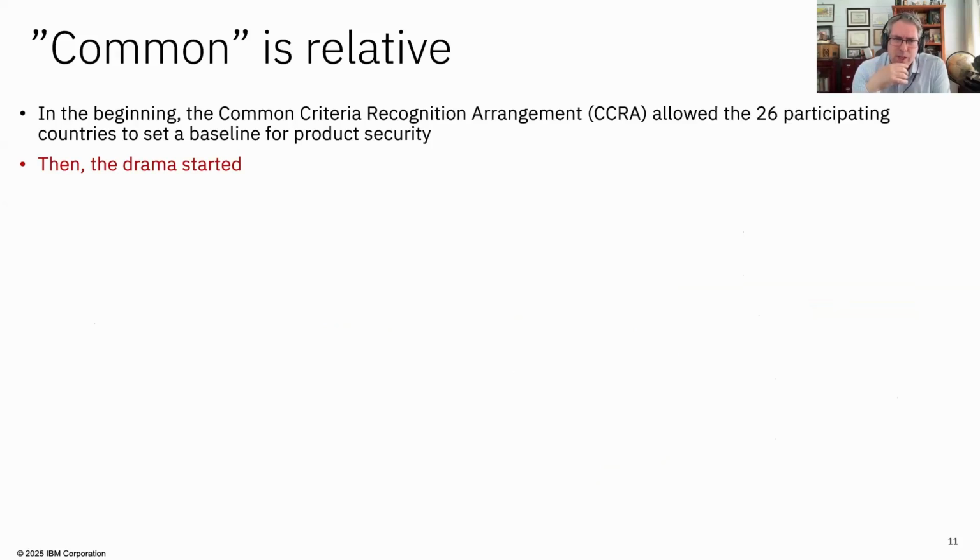Now, it is the common criteria that is the word that everybody's been using all this time. A bit of history in the beginning. The common criteria recognition arrangement allowed those initial 26 participating countries to set a baseline for product security. And that was all very well and good when everybody agreed on the things that mattered. And then the drama started.